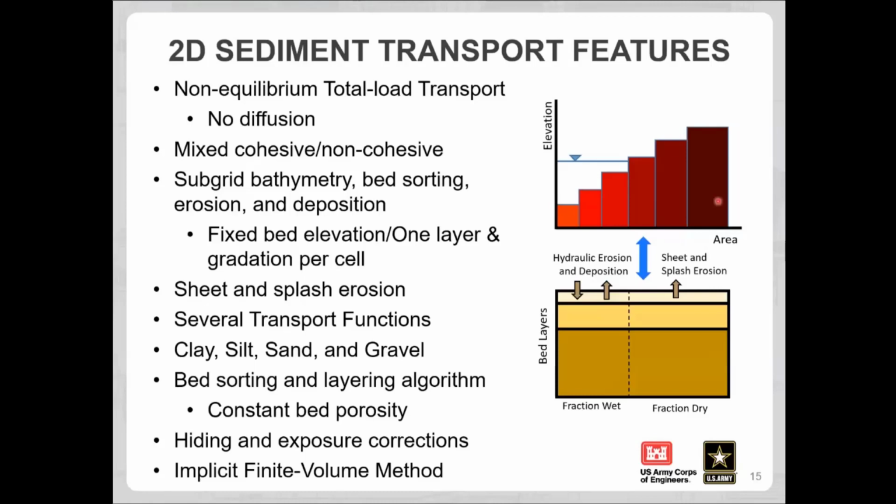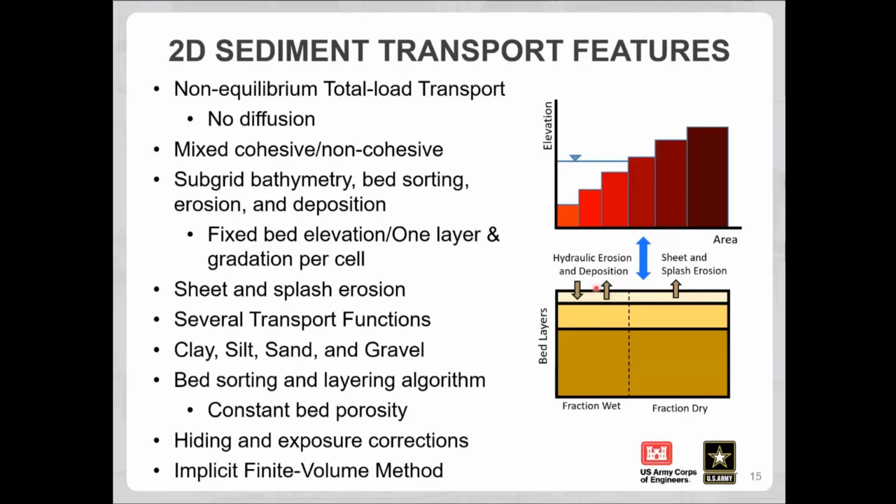Using this subgrid, we have a wet area and a dry area. For the dry portion, we're using the sheet and splash erosion equation for erosion, but there is no deposition inside the dry area. In the wet area, we're using the hydraulic erosion and deposition equation.